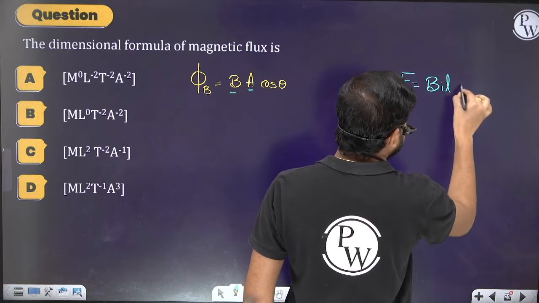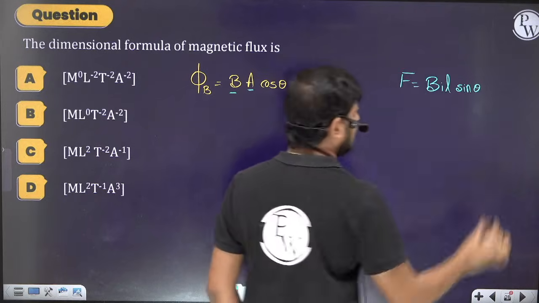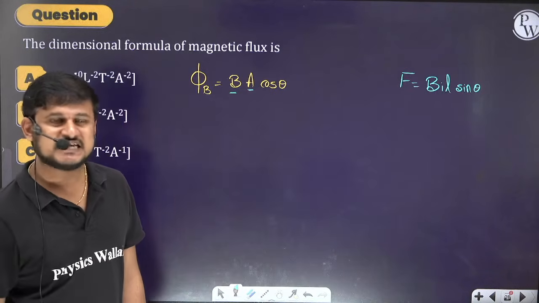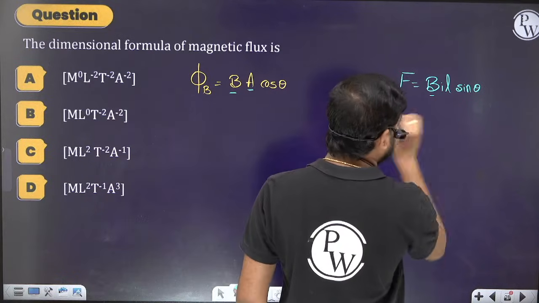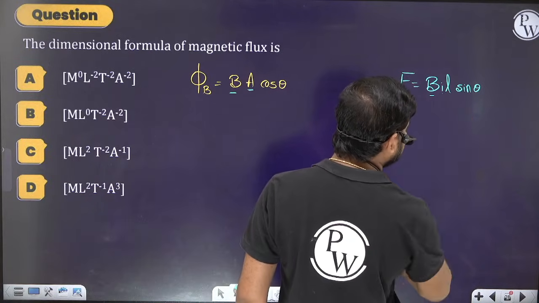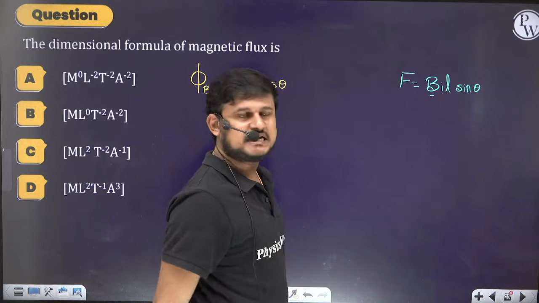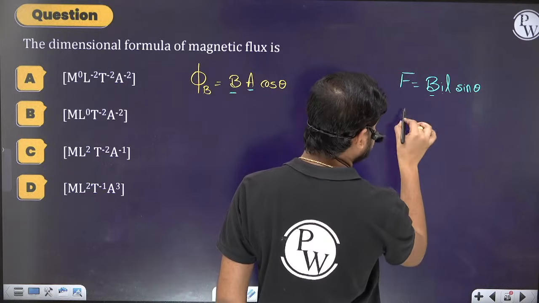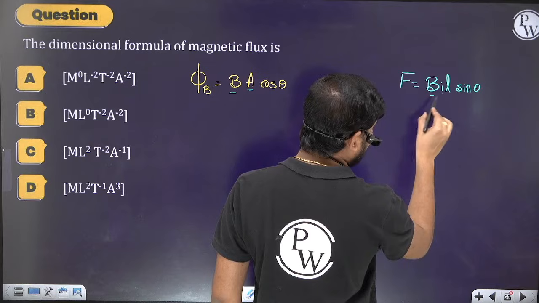F is equal to B I L sin theta, where B is the magnetic field, I is the current, L is the length, and this is the force on a current-carrying conductor.